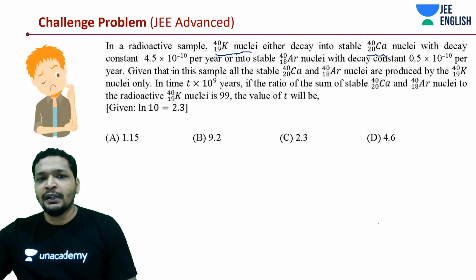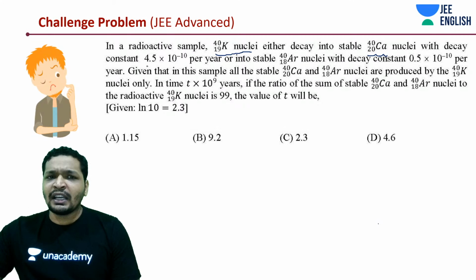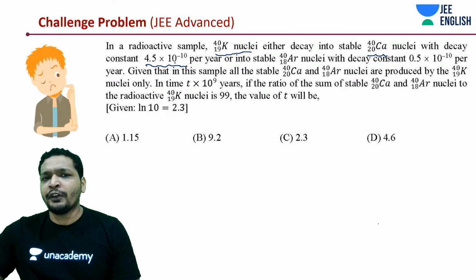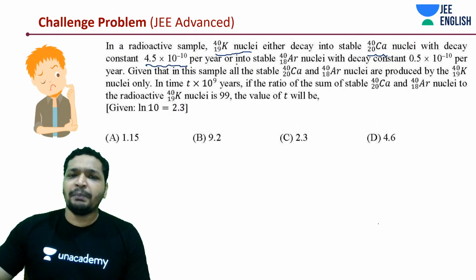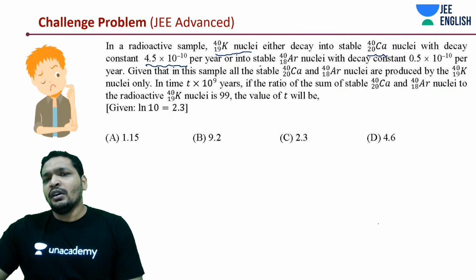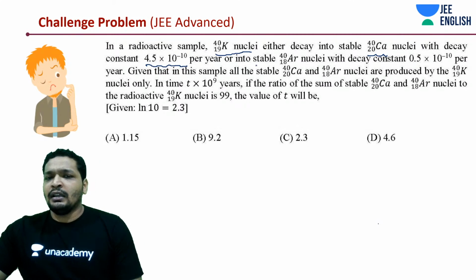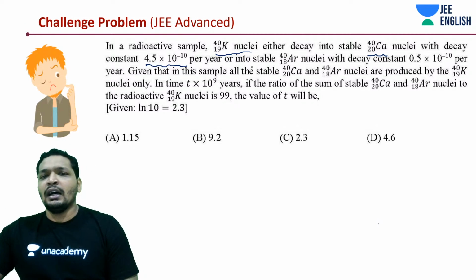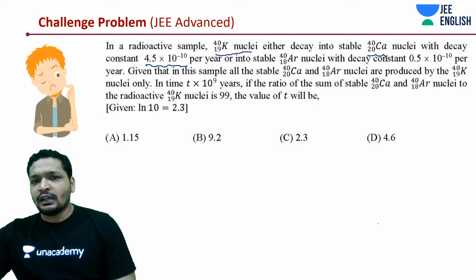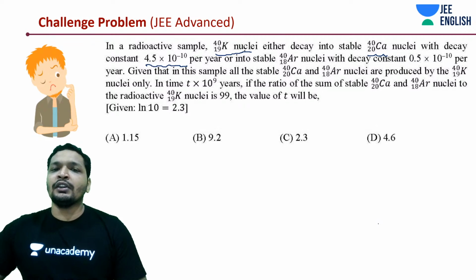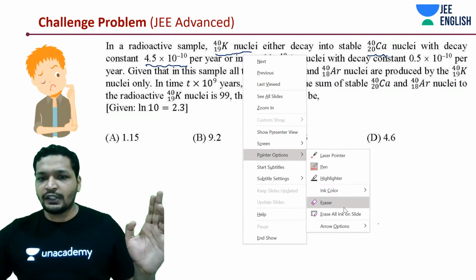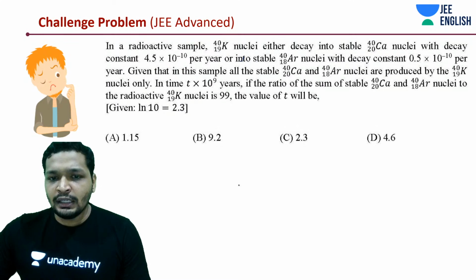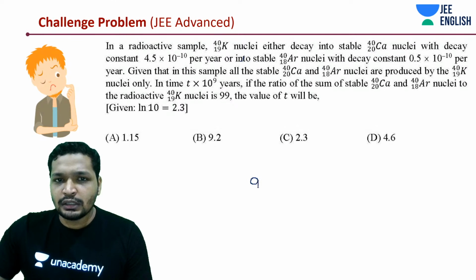One is calcium, which has a decay constant of 4.5 into 10 to the power minus 10 per year. This is the sort of time constant, the decay constant. First of all, let's understand that it's decaying into two things.